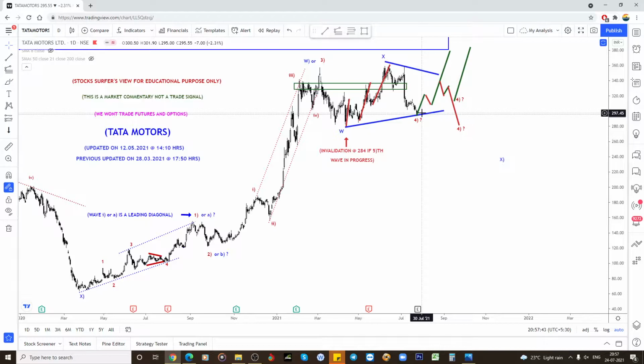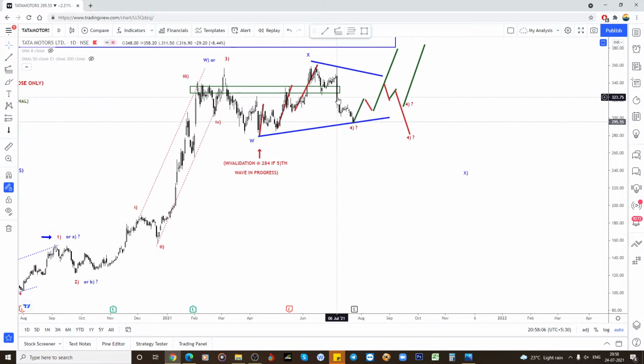So wait for this, and partially, because I already booked the profit at 348 and I already said that in the previous video also. So what I bought at the 285 zone here, I already booked the profit at 348 here itself.